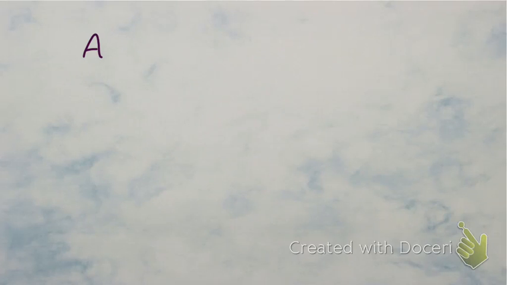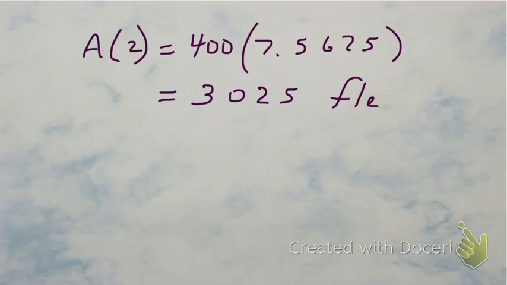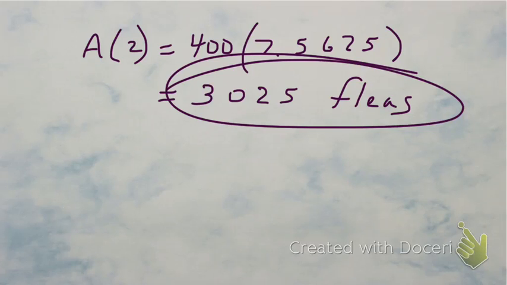So, in 2 days, e to that power makes 7 and a few. When we multiply by 400, we get 3,025 fleas. Oh my, that many fleas in 2 days. Scratching and surviving.